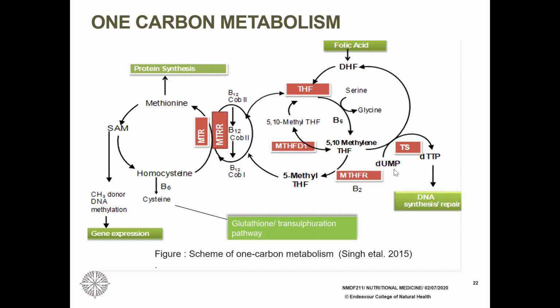Now that you asked that, I'll just share one more thing. Can you see that I am making TTP from UMP here? So from uridine monophosphate, I'm making thymidine triphosphate. Sometimes when somebody is having a lot of DNA damage because of so many factors, then instead of thymine, uridine gets incorporated in the DNA.